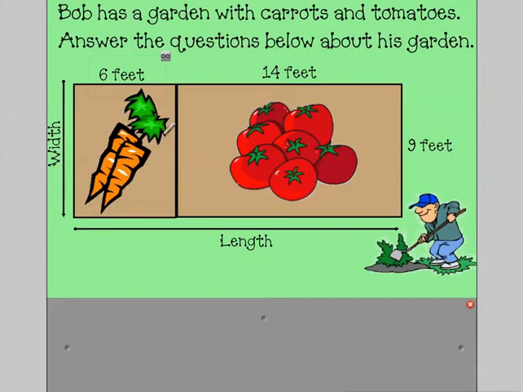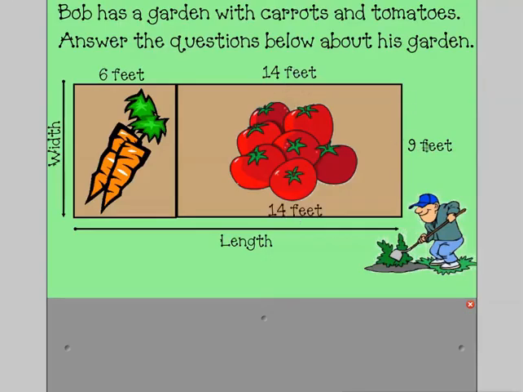So here's Bob's garden. He's got a vegetable garden, and we know that the length of the carrot section is 6 feet, the length of the tomato section is 14 feet, and the total width of his vegetable garden is 9 feet. So let's go ahead and fill in the information that we know. We know if this side of Bob's tomato garden is 14, then this side is 14.